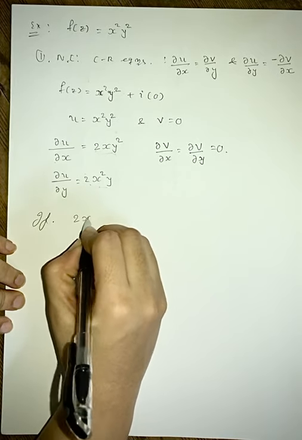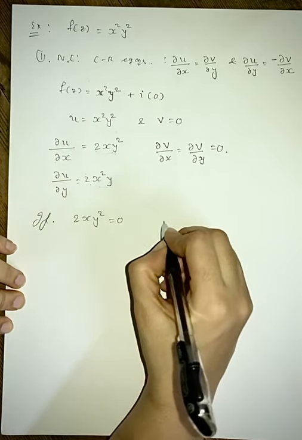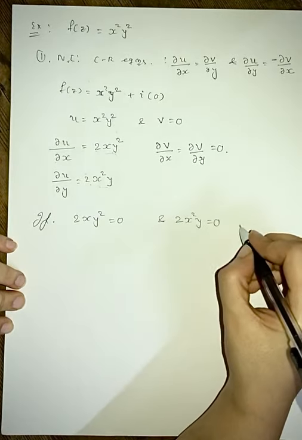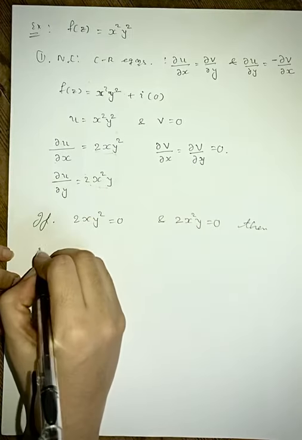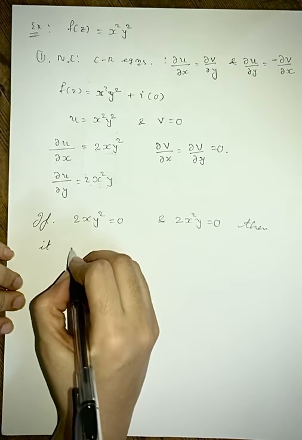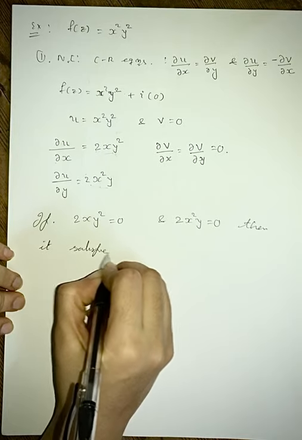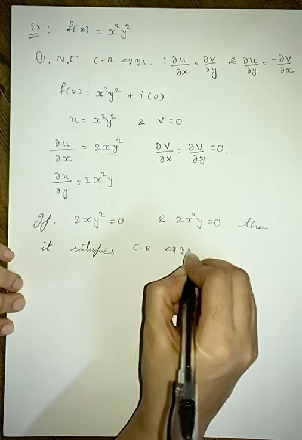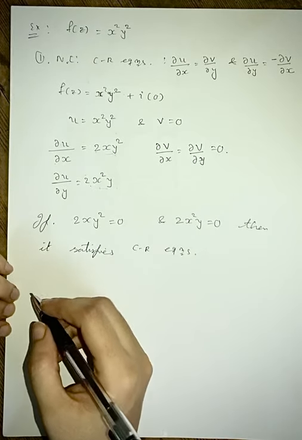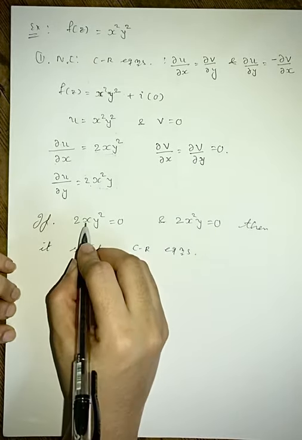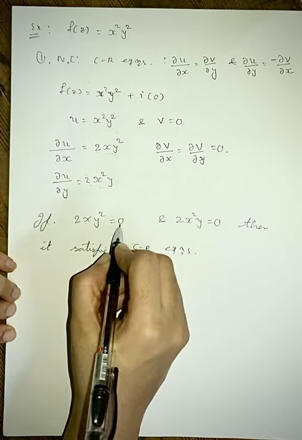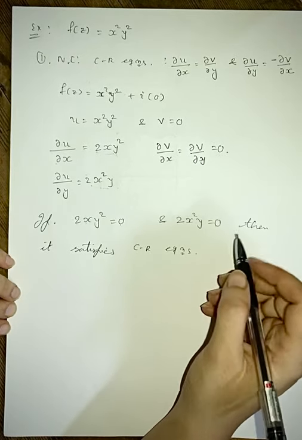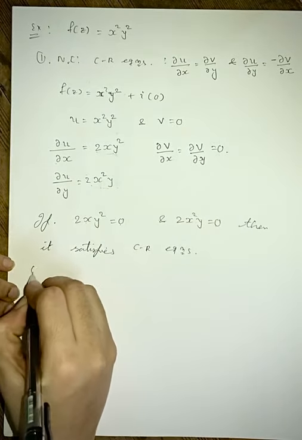So if 2xy square equals 0 and 2x square y equals 0, then it satisfies CR equations. Now when will that happen? That 2x into y square equals 0 and 2x square y equals 0 simultaneously. When will that happen? There are three possibilities.